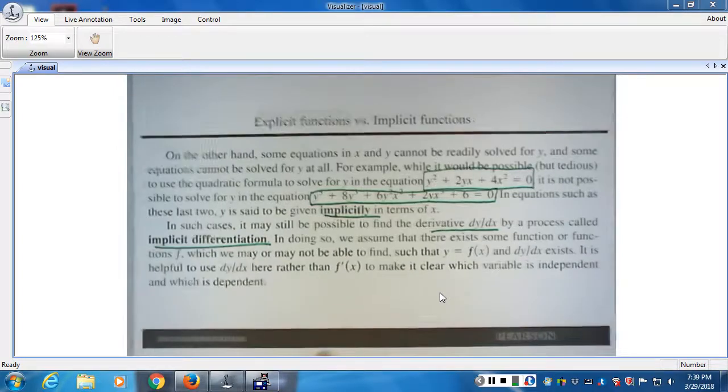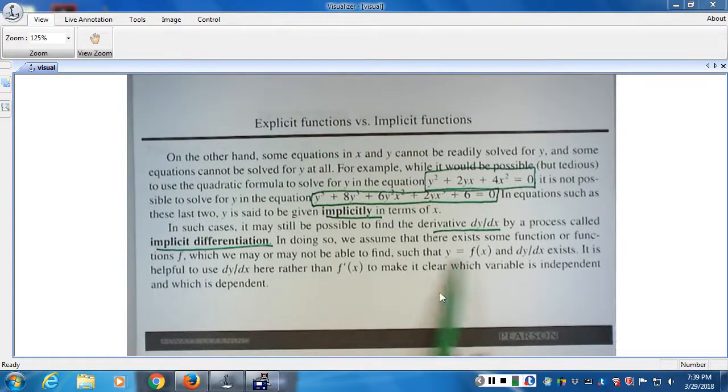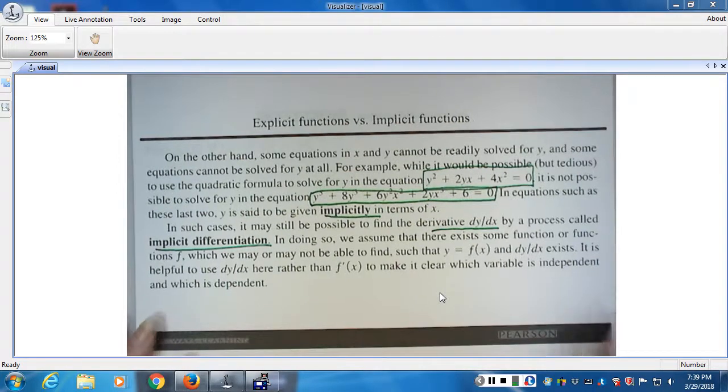We're going to assume that there does exist some function or functions y equals f of x that you might not be able to find, but the derivative will exist. So in order to find f prime of x, we're going to have to do a little algebraic magic.